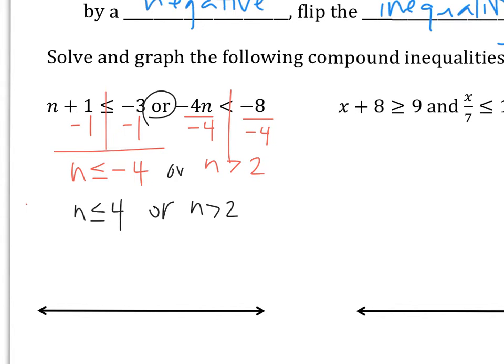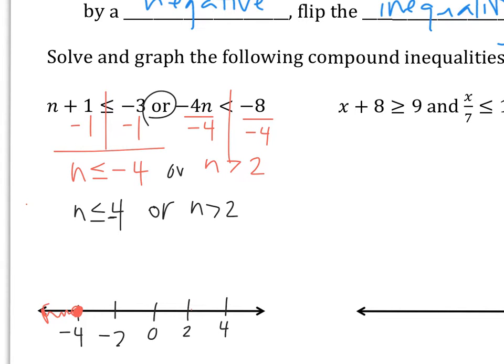So now when we graph that, I'll just count by 2's to make it easier and start with -4, -2, 0, 2, and 4. And then n is less than or equal to -4 means I have a closed circle at -4, shading to the left.